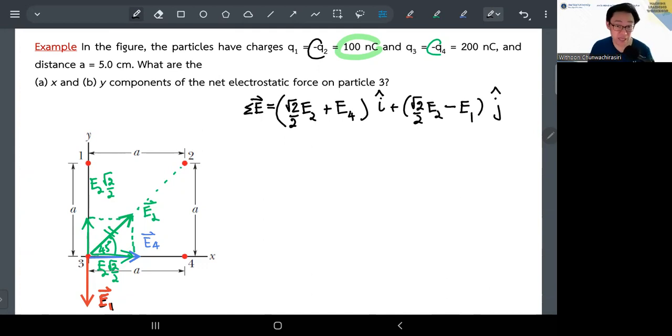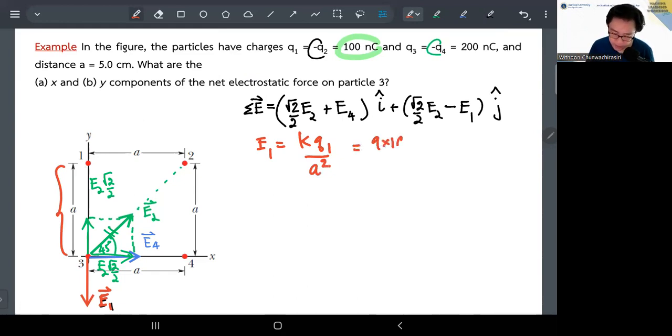You already got the electric field at the location of charge number 3. And your task is just, all I need is E1, E2, and E4 magnitude. That can be done very easily. The magnitude of E1 is K times the charge generating the field, Q1, divided by the distance squared. And just plug in the numbers.